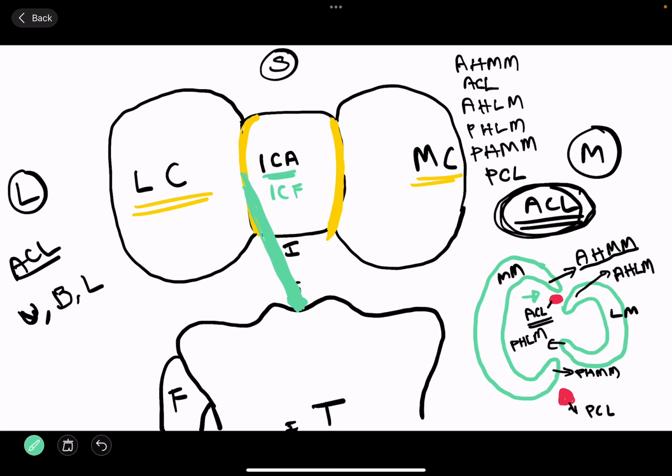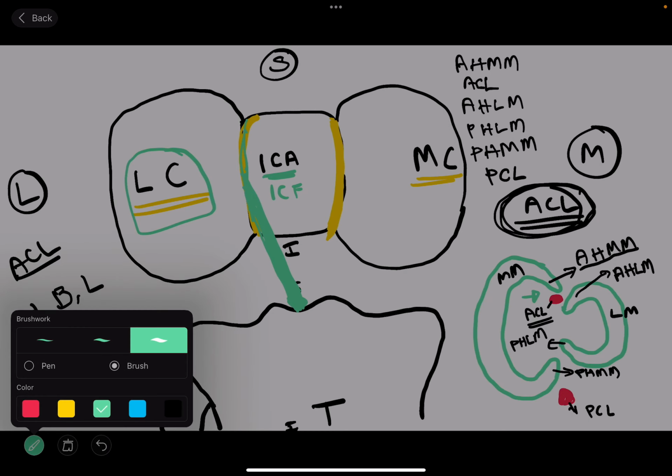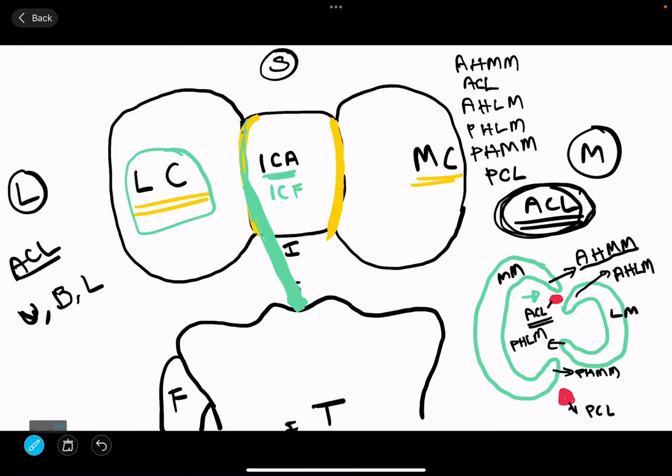Is it not the medial surface of the lateral condyle of the femur? This is the lateral condyle, and this is its medial surface. This is the lateral surface of the lateral condyle. So the anterior cruciate ligament is attached to the posterior superior part of the lateral wall of the intercondylar area. Now see, I changed the terminology.